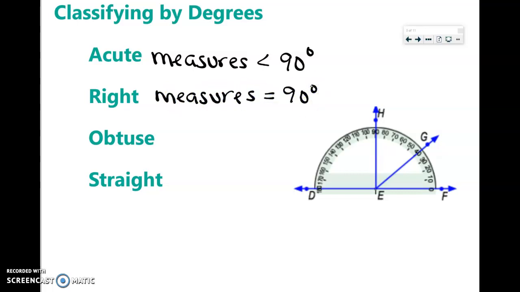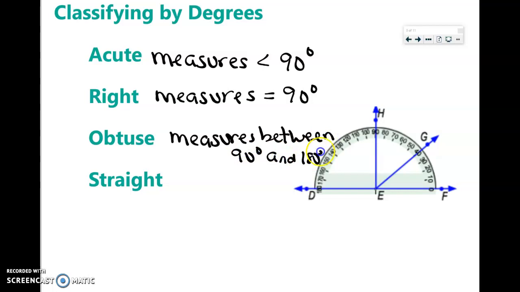An obtuse angle measures between 90 degrees and 180 degrees. And a straight angle measures exactly 180 degrees. Write these 4 down.